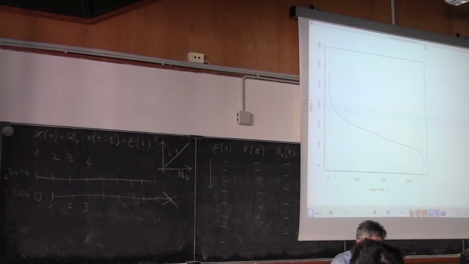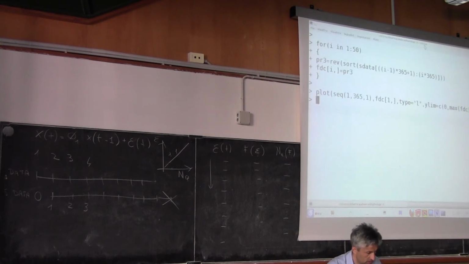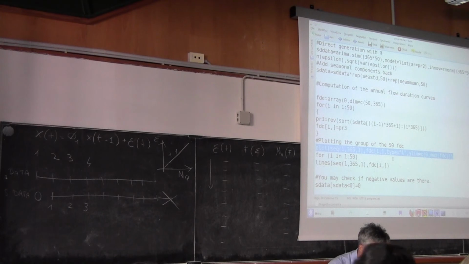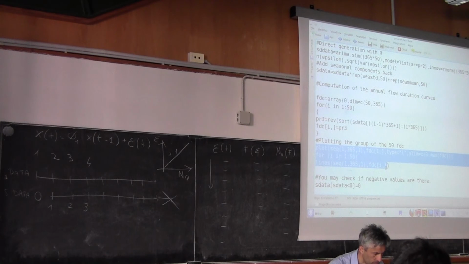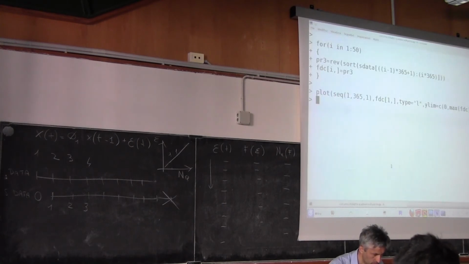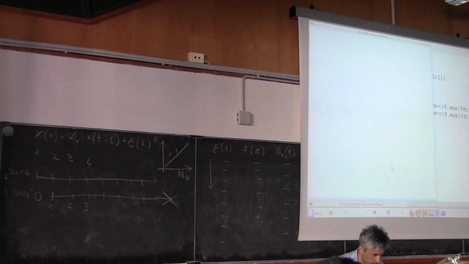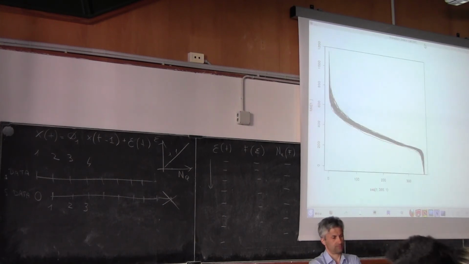So basically this is our result, and then I can plot all the other curves. And this is the result that you get. So basically you have an estimate of the flow duration curve with uncertainty.